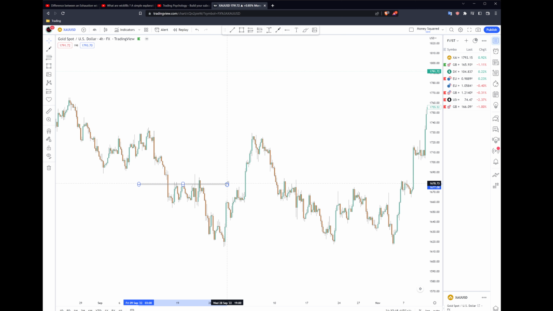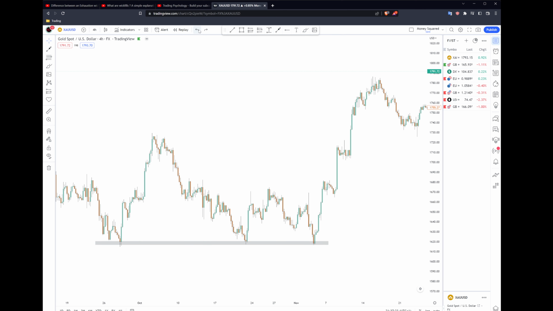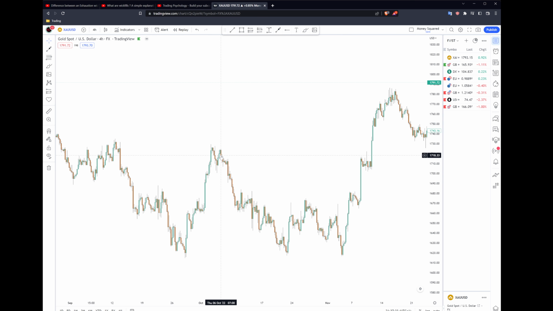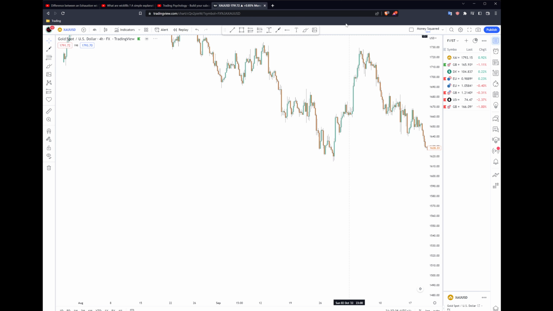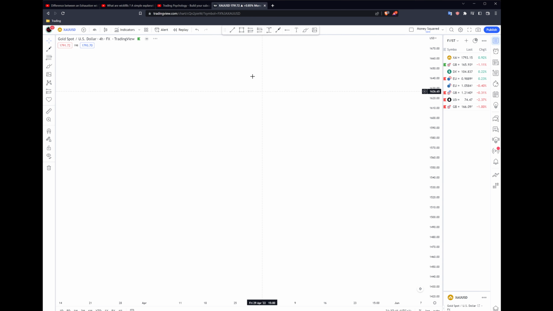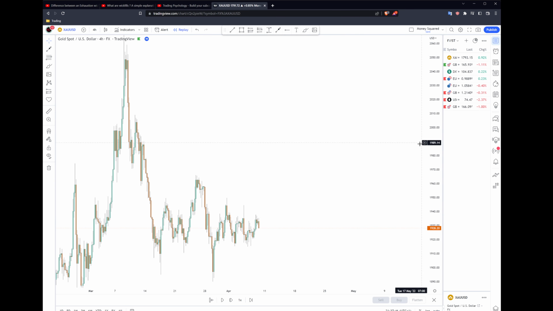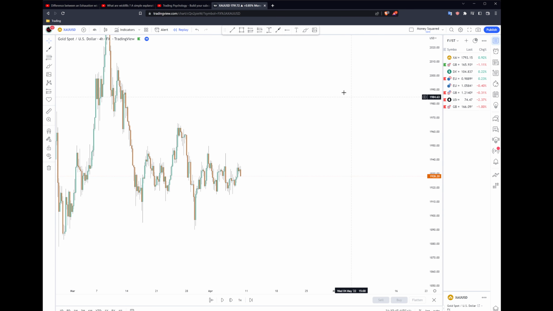It's interesting, but what's important is that you always try to teach your eyes to find the support and resistance areas automatically, and the clean traffic areas. For example, let's grab the replay here. We have this support here, and where is the next support?